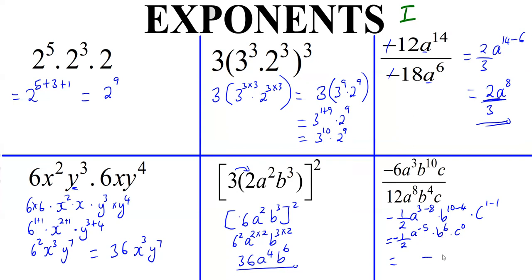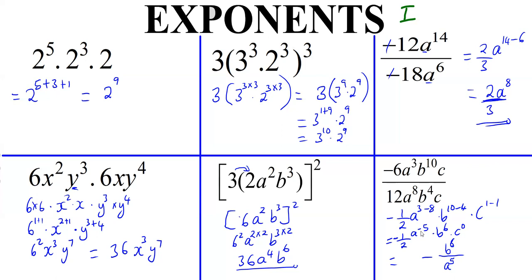So it's going to be negative, then we put the A under 2, it's A to the power 5, then B to the power 6, then C to the power 0 is going to give us 1, so we just ignore it.